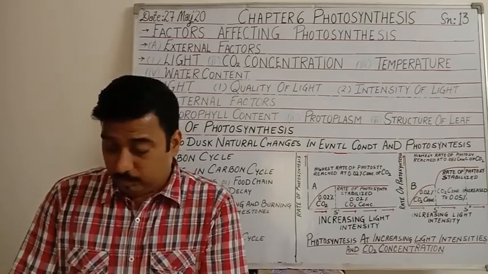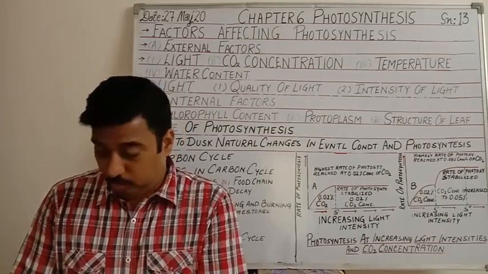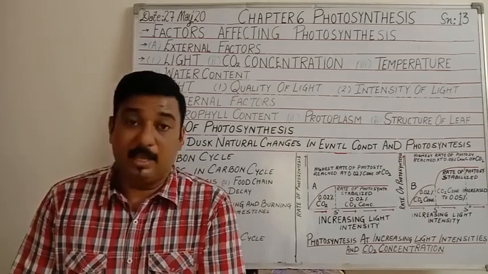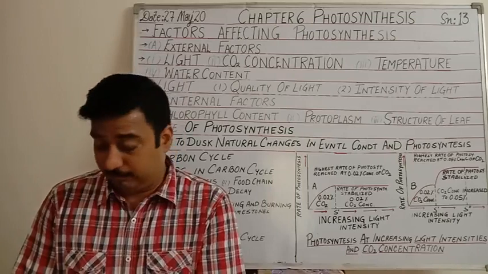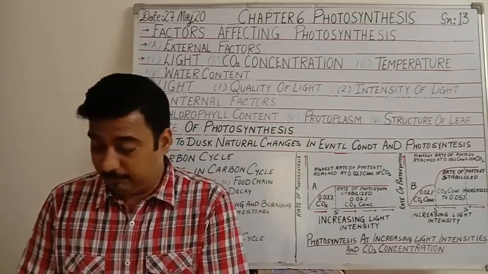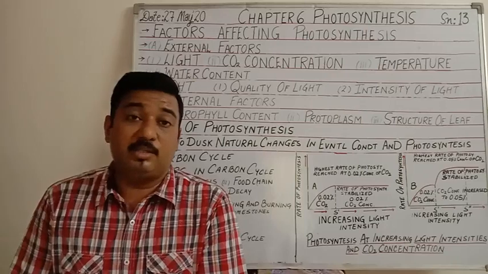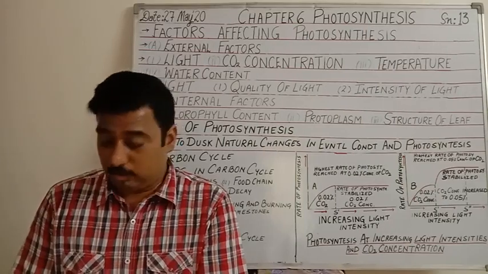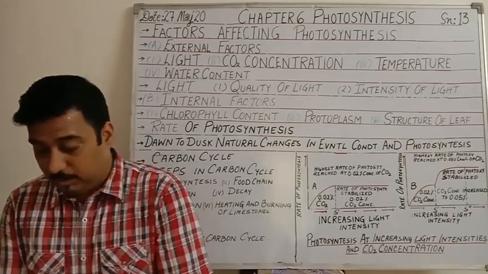Furthermore, I had also explained the dark or the light independent phase. I told you why it is called the dark phase and why it is explained as light independent phase, since the process is not dependent on the presence or absence of light.